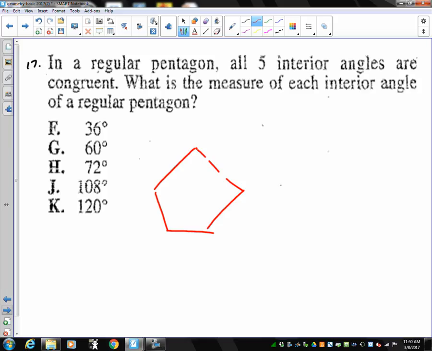Again, we can divide this up into triangles, and we'll get 3 triangles, just like the last problem. So the sum of the angles is 540 degrees. Since it's a pentagon, it has 5 sides and 5 angles that are all the same, so we'll just divide that by 5. 540 divided by 5 is 108.